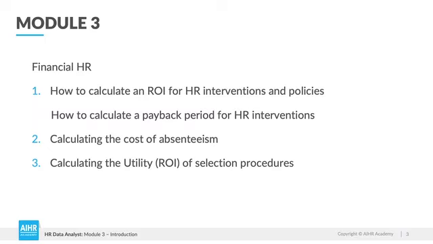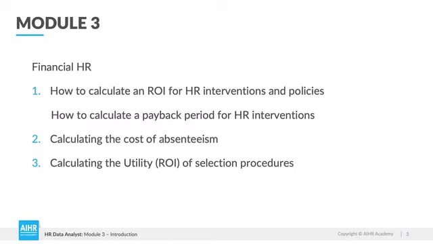In the third lesson you'll learn how to calculate the utility of different selection procedures. I don't know if you've ever seen a bad hire, but if you've ever made one, that will cost your organization a lot of money. By calculating the utility of selection procedures, you can see, hey, if I pay 1,000 or 2,000 euros extra for this expensive assessment, will that actually help me get a better return on investment out of my workforce?